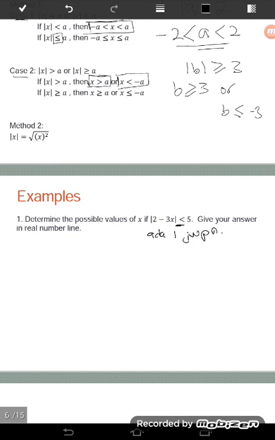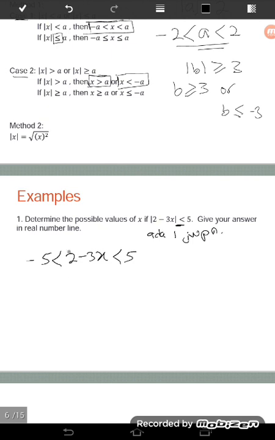So satu jawapan. So meaning that you open the modulus. So you have 2 minus 3x less than 5 and greater than negative 5. Or negative 5 less than 2 minus 3x less than 5. And then selesaikan.